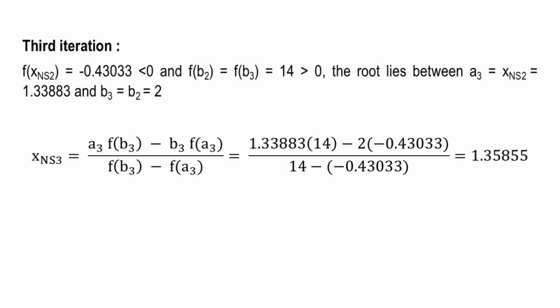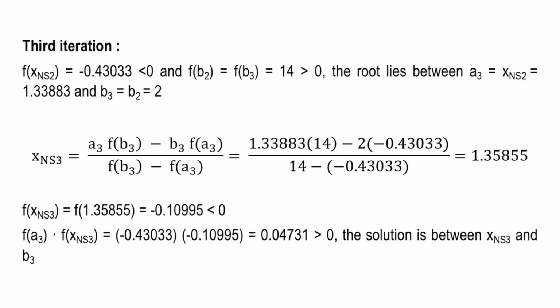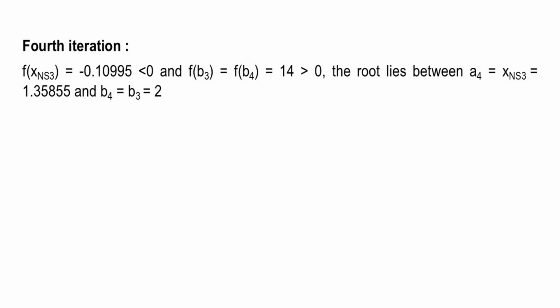x sub ns3 is equal to 1.35855. To solve for f(x sub ns3), we have the resulting value of minus 0.10995. To continue to our fourth iteration, f(x sub ns3) is equal to minus 0.10995, and f(b sub 3) is now f(b sub 4), which is equal to 14.